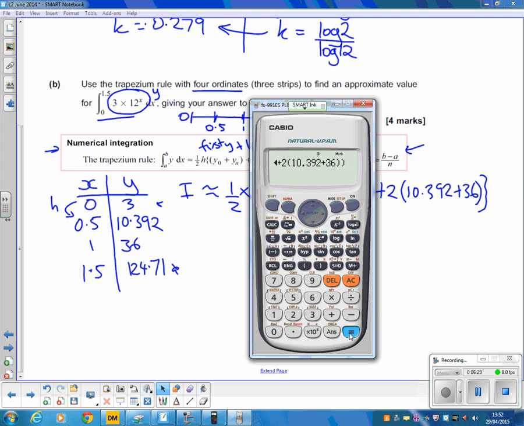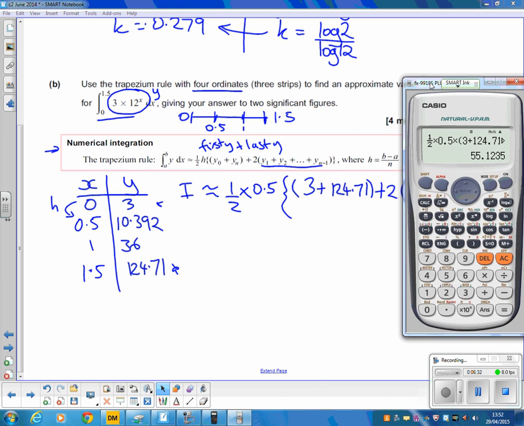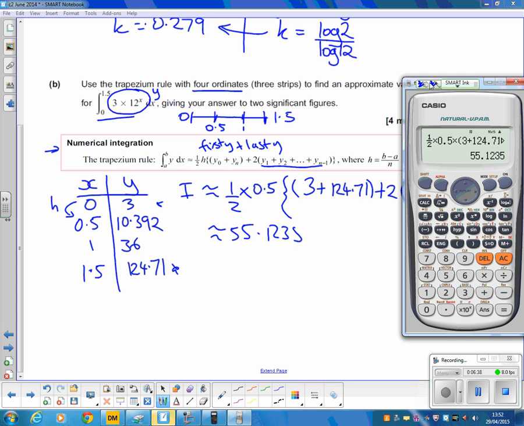Make sure we close all the brackets and press equals. So I've got, that's approximately 55.1235, and then we're going to check in the question: 2 significant figures. So that's 55 to 2 significant figures.